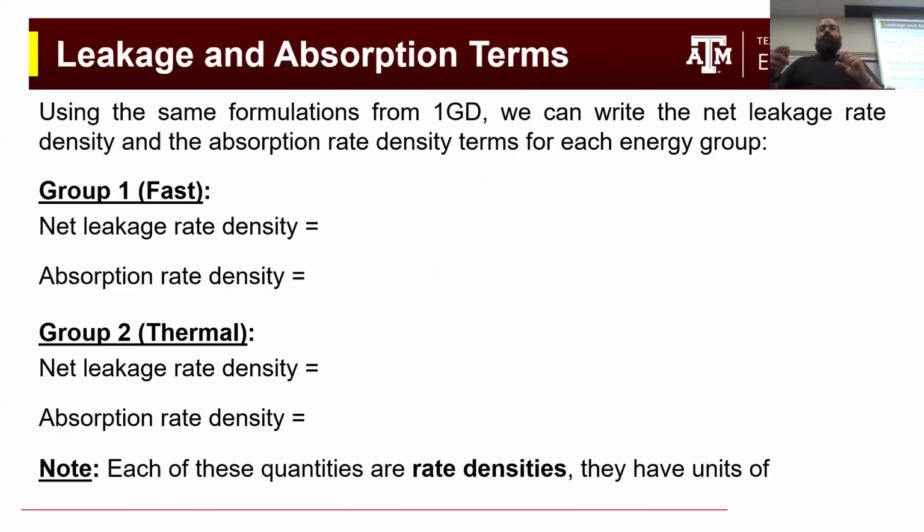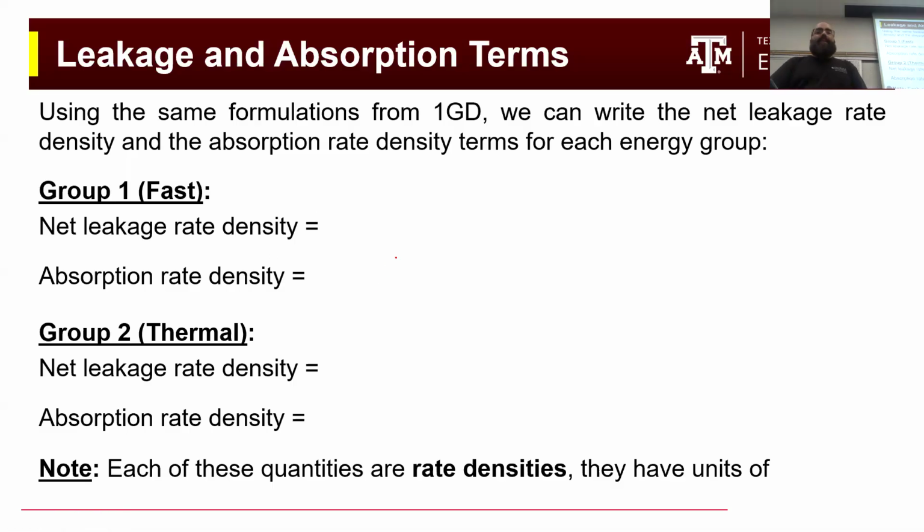So if we know what those quantities are and we know how to express them mathematically, then instead of having that equation in terms of words, we can have expressions for those different quantities, and then an equation that we can try to solve. So I'm going to start writing out some of these loss terms for each group.